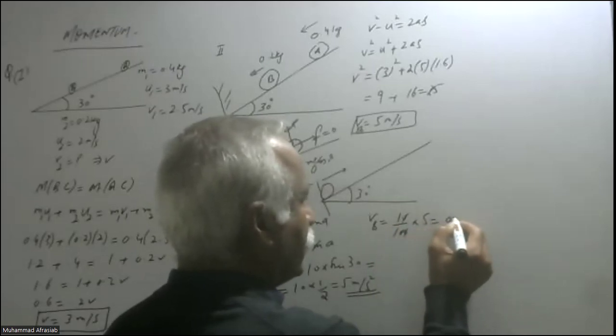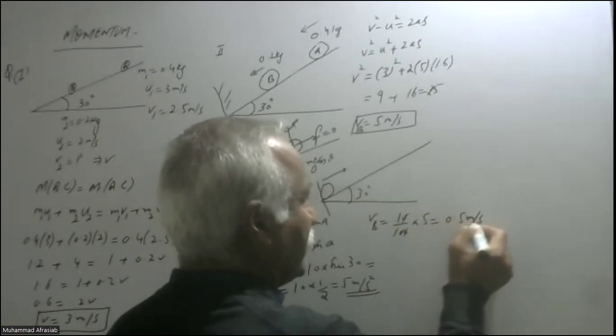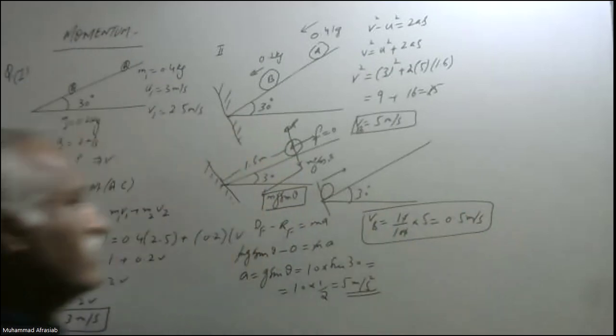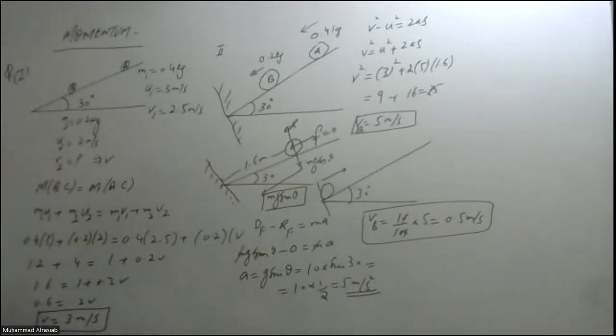So that is equal to 0.5 meters per second, the speed of particle B after contact with the barrier when it returns back. So this is the part which we have to show, that it has a speed of 0.5 meters per second.